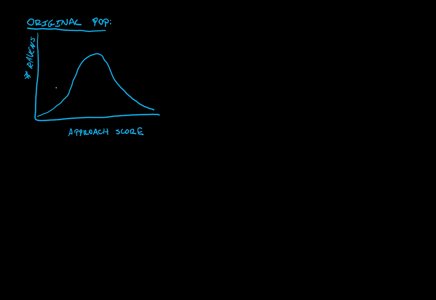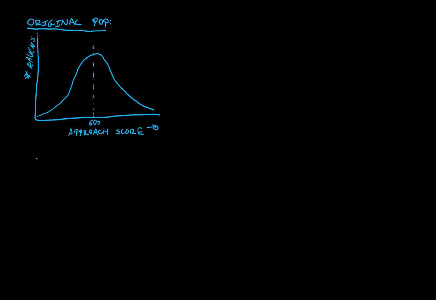So some ravens approach very quickly, so it doesn't take them much time to approach the new object. Some approach slowly. It takes them a long time to get around to getting to that object. Okay. Now, our average approach score for our original population winds up being 60 seconds.